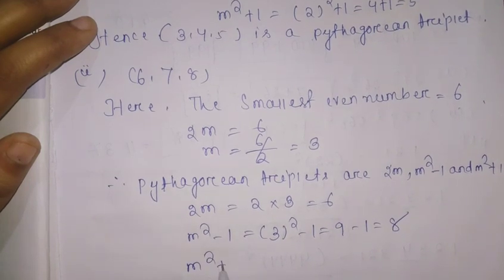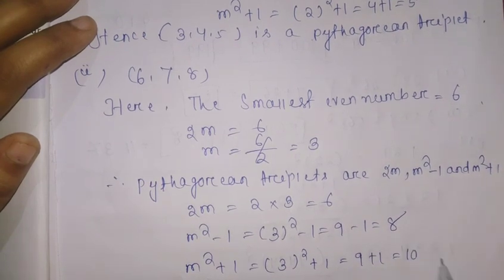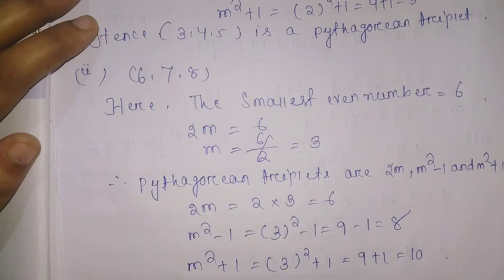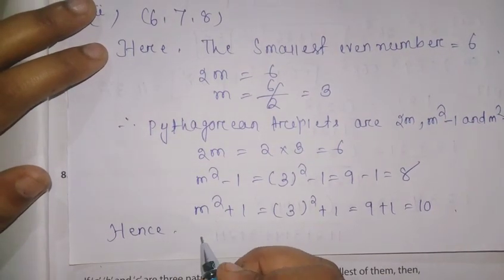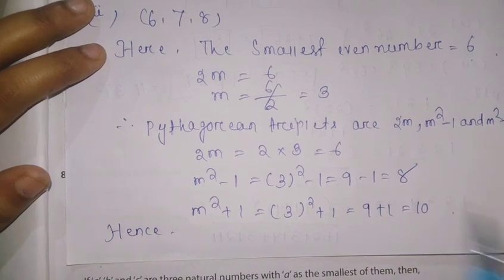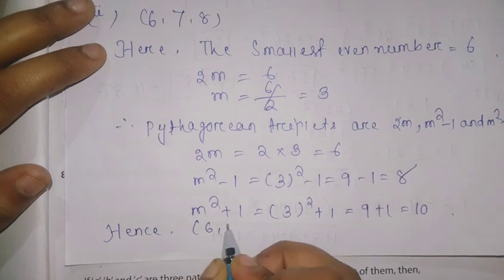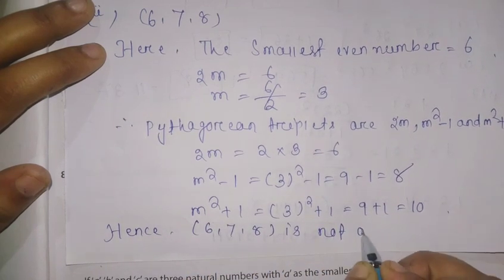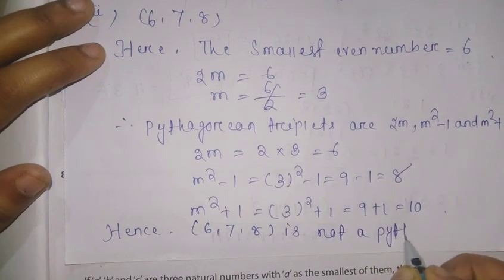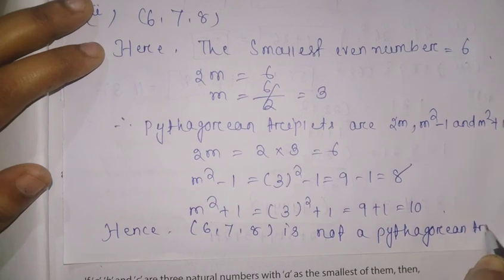Then m square plus 1, 3 square plus 1 equals 9 plus 1 equals 10. Hence 6, 7, 8 is not a Pythagorean triplet because we find 6, 8, 10.